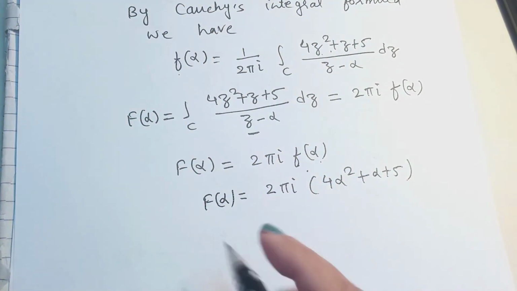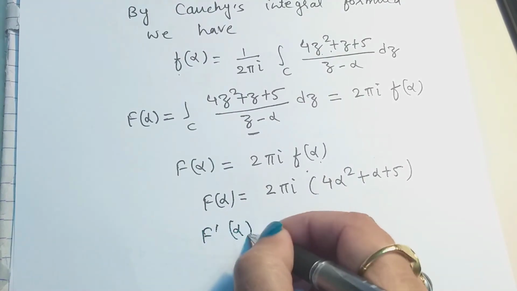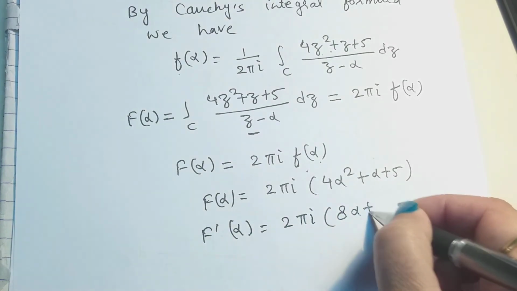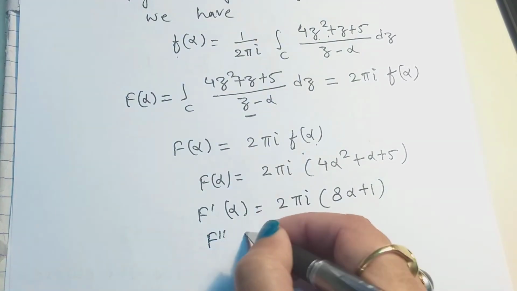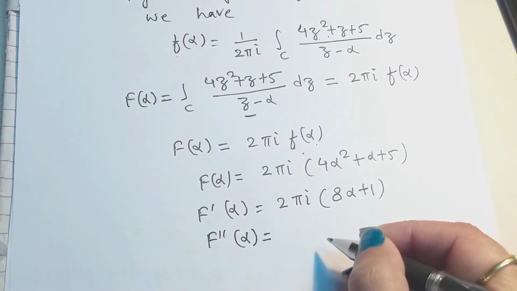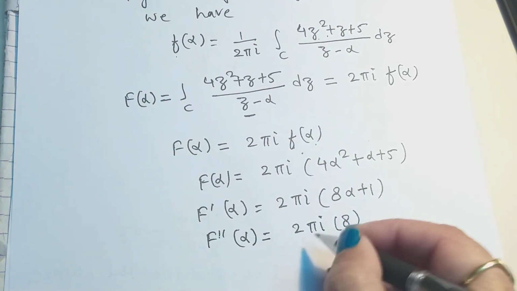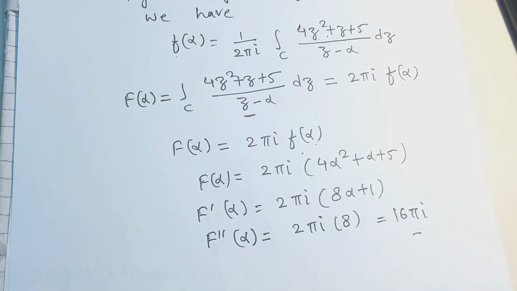Now we differentiate this function with respect to α. Then we get F'(α) is equal to 2πι(8α + 1). And again we differentiate this function with respect to α. Then you'll get 2πι into 8, that means 16πι, which is a constant value free of α.